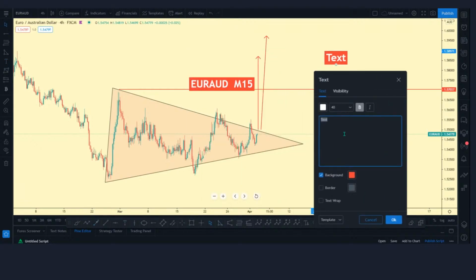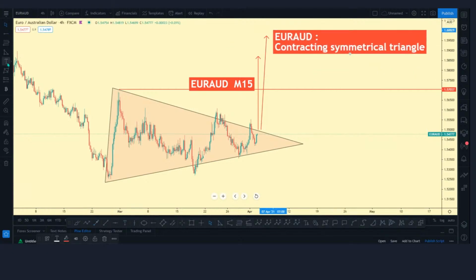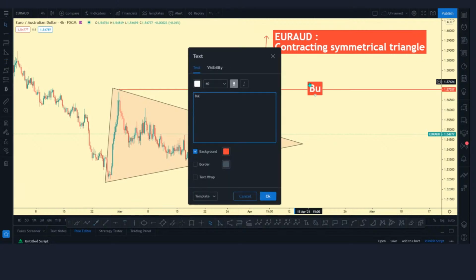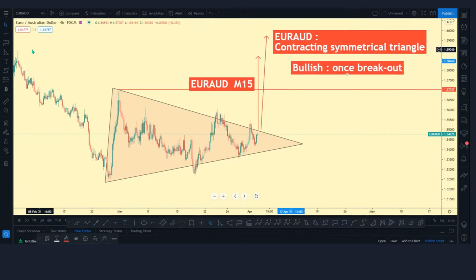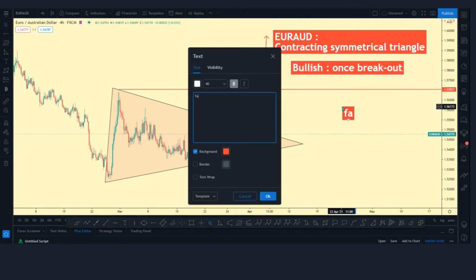Okay, so this is Euro AUD, and this is a contracting symmetrical triangle. Okay, in this case, it's bullish. You want a breakout, okay, and this fails.